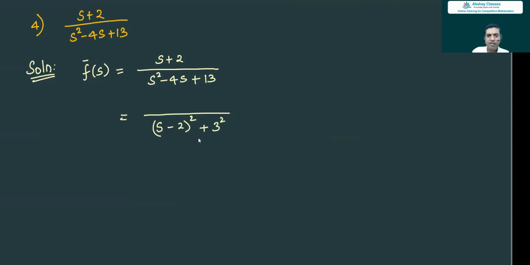So the denominator is s minus 2 the whole square plus 3 square. Now this is s plus 2. To convert to standard forms, we will write this as s minus 2 plus 4. This plus 2 can be written as minus 2 plus 4. So we get this.